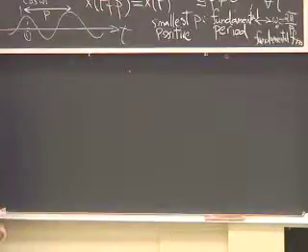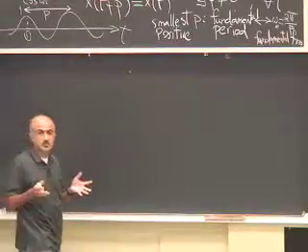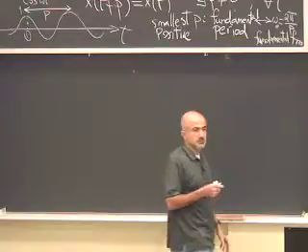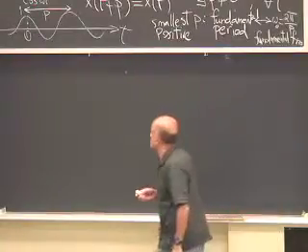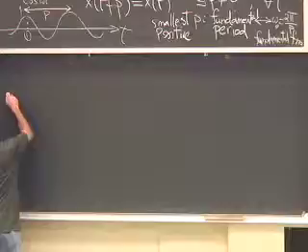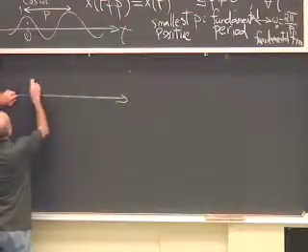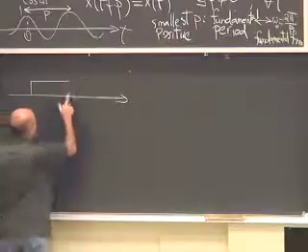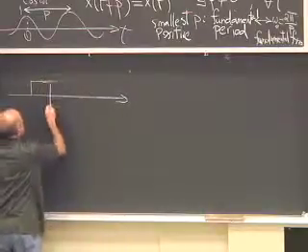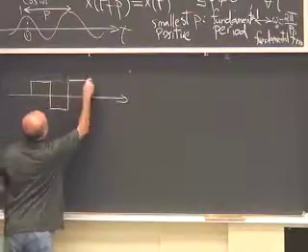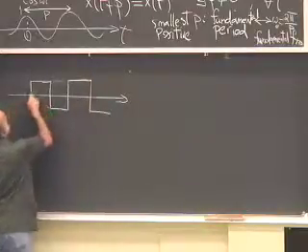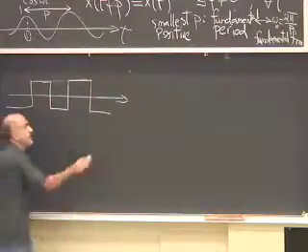So you could potentially have two signals that look different but have the same period. So for example, I can have a square wave that behaves like that.